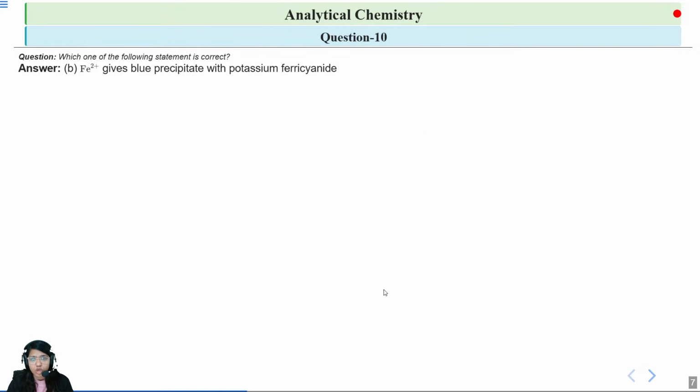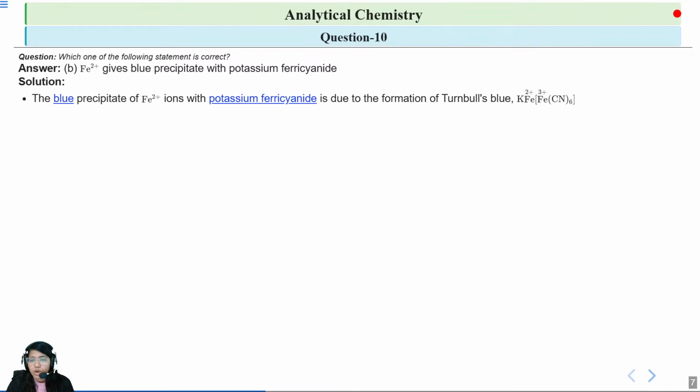The correct answer is option B. Fe2+ gives blue precipitate with potassium ferricyanide. When Fe2+ ion reacts with potassium ferricyanide, it turns blue. That is, KFe[Fe(CN)6] forms a blue precipitate. This happens because Fe2+ combines with [Fe(CN)6]3- ions to create this complex compound.